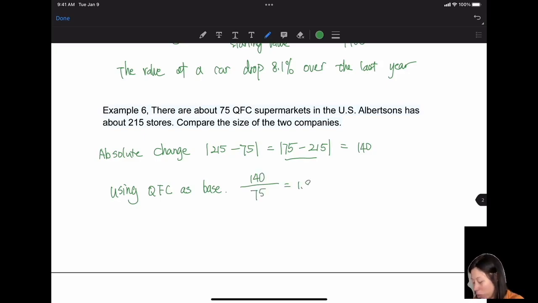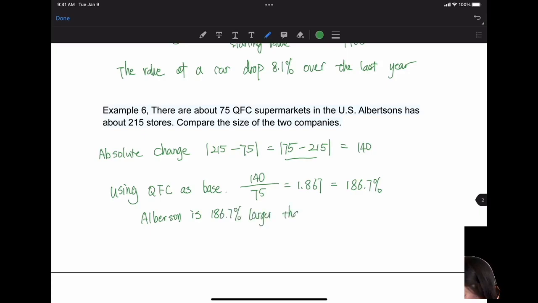This is equal to 1.867, equivalent to 186.7%. So this tells us that Albertsons is 186.7% larger than QFC.